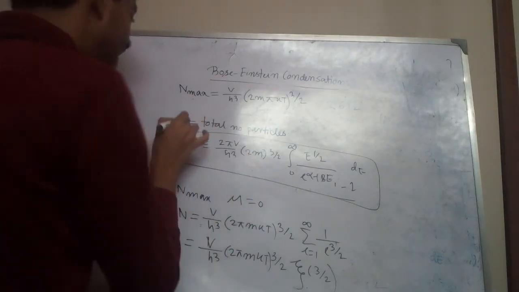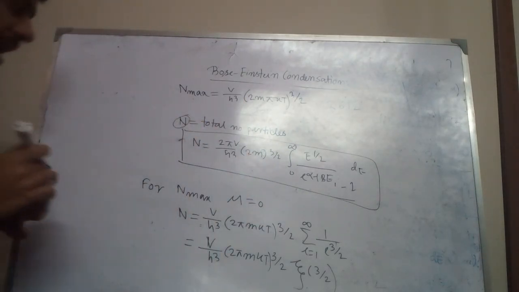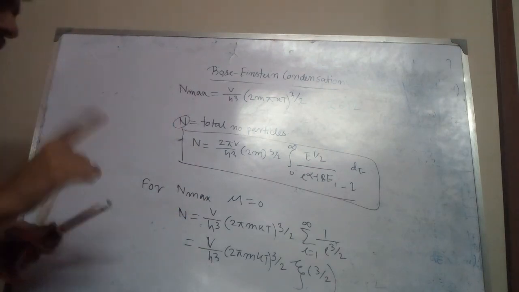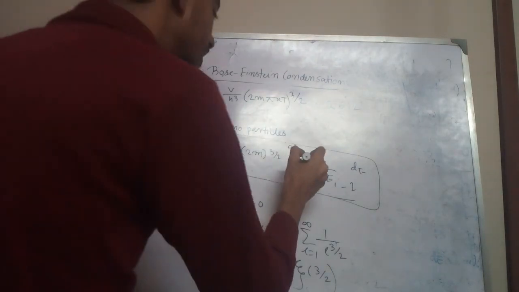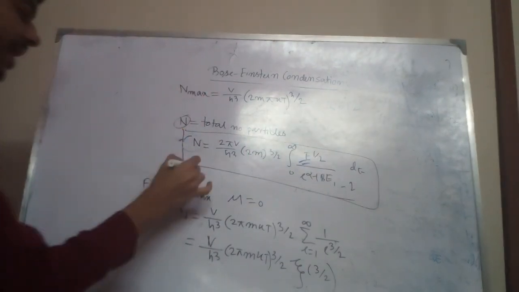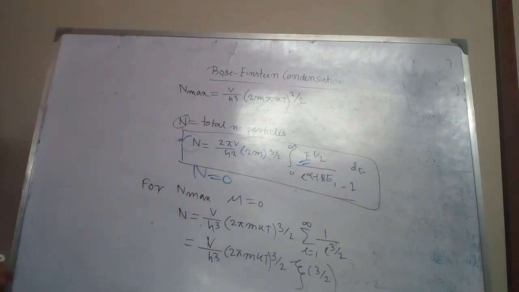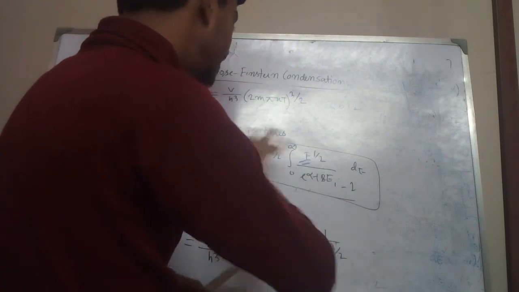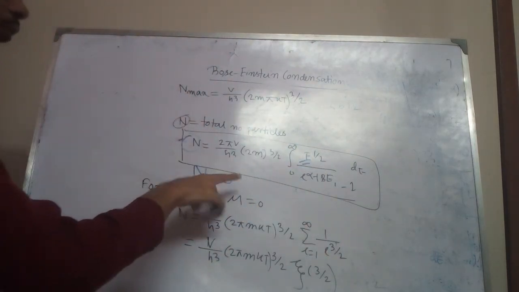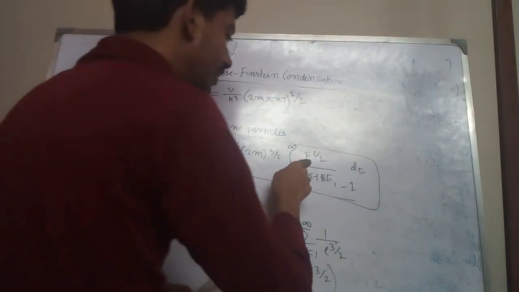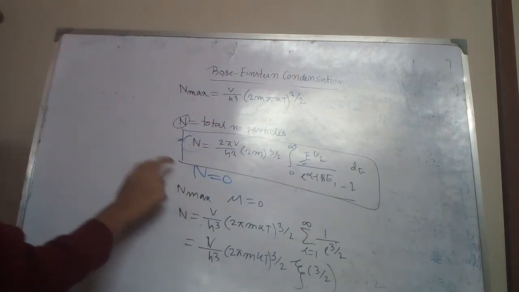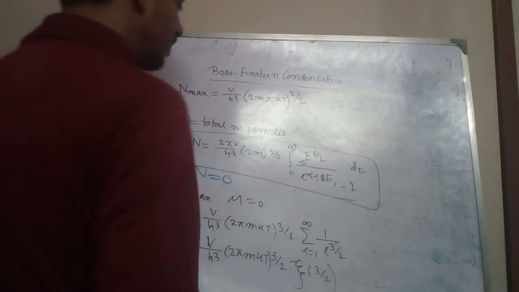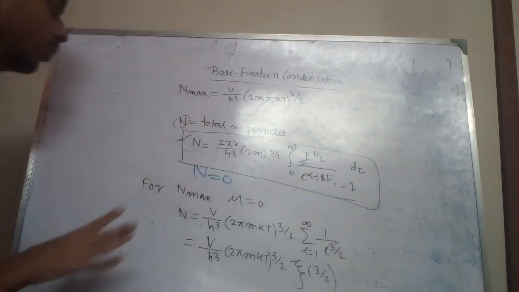Here we consider N is the total number of particles, but for the ground state, if we put the value epsilon = 0, N equals 0. This integration we cannot integrate, so N is 0. For the ground state, if we put the value epsilon = 0, the integration is not possible, so N0.